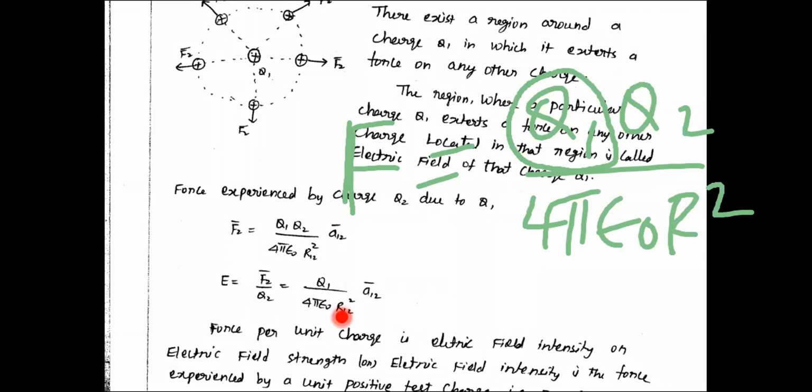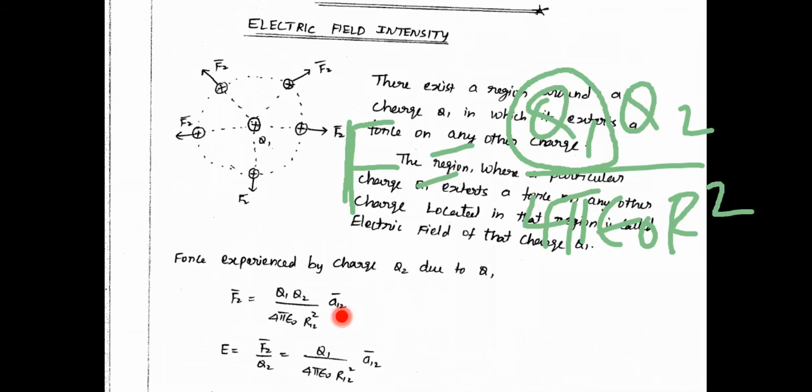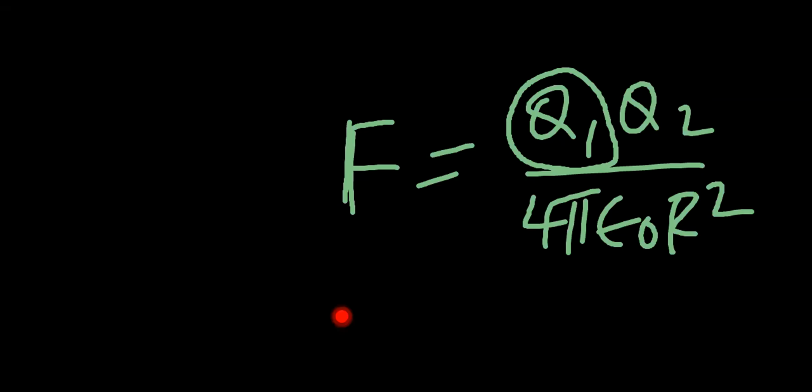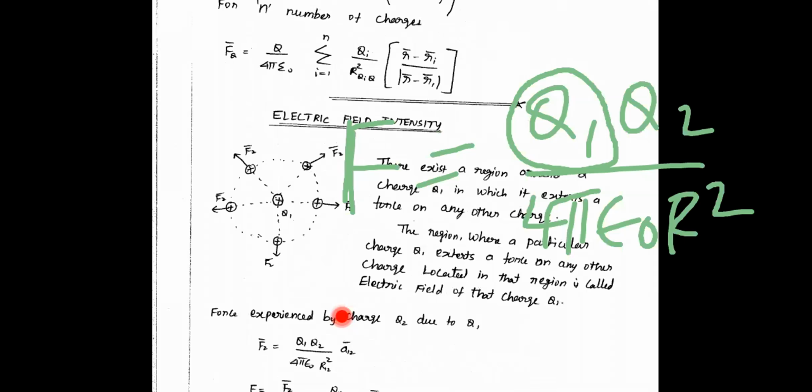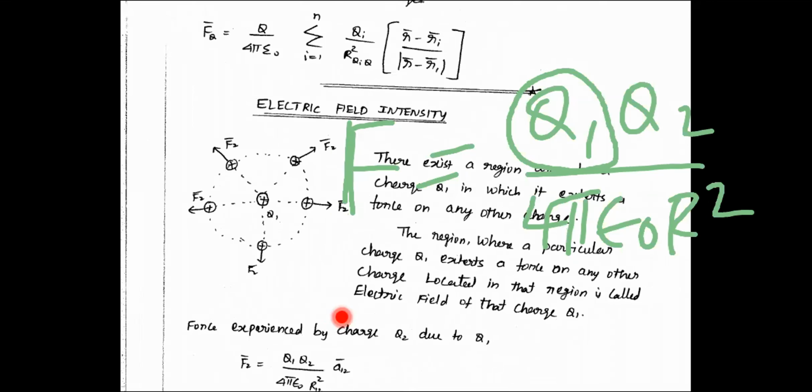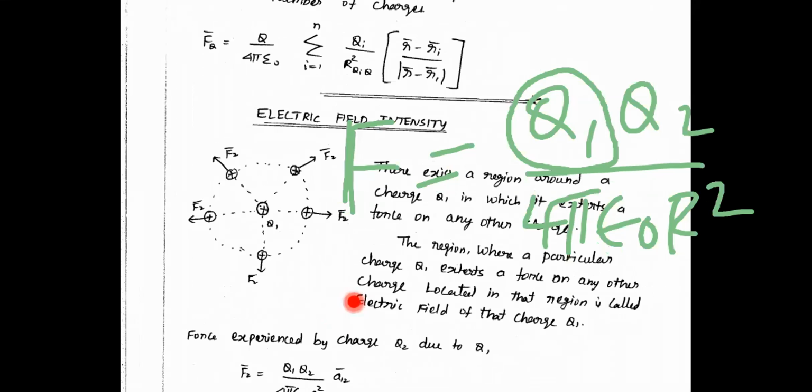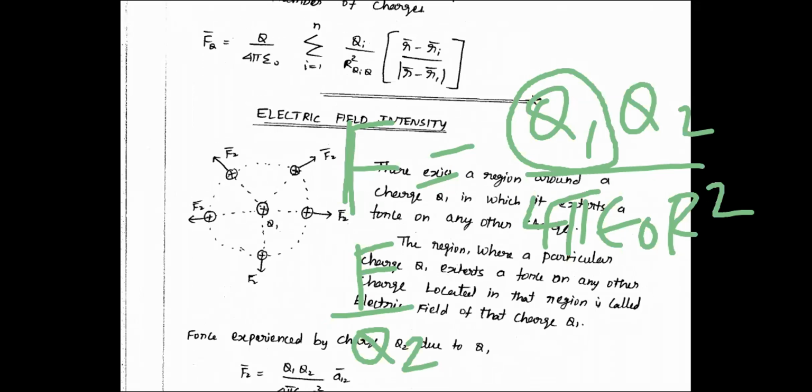Once you measure F by Q2, because Q1 is fixed, what will it give?